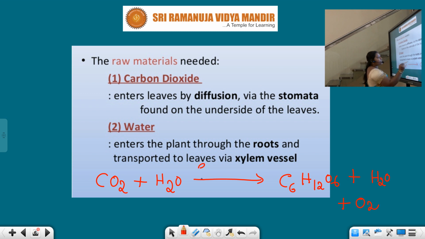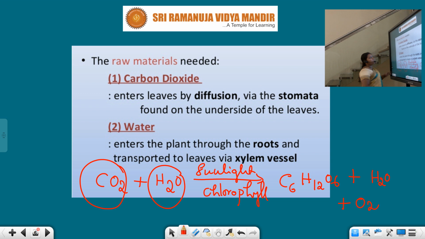For this reaction to take place, it requires sunlight and a special pigment known as chlorophyll. The raw materials needed for the process of photosynthesis are carbon dioxide and water.